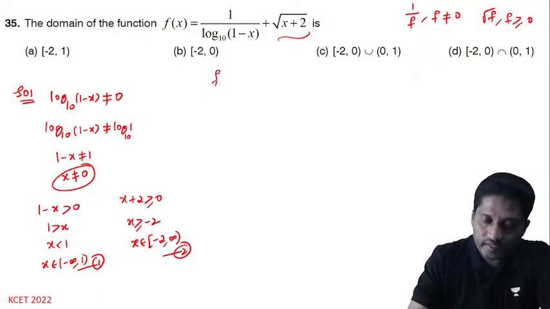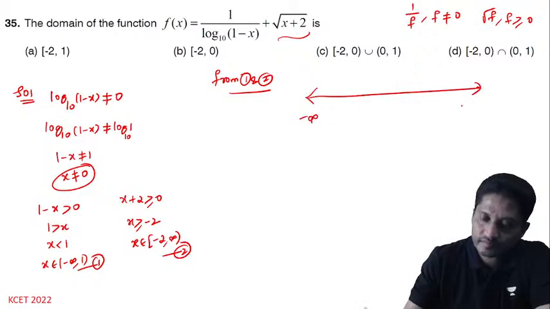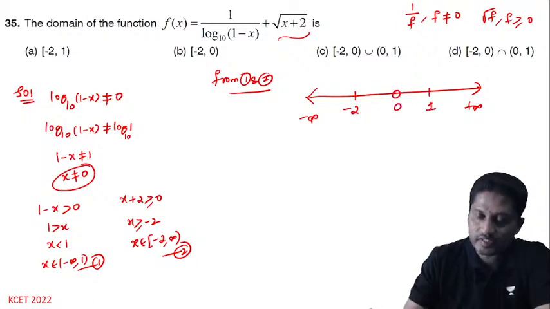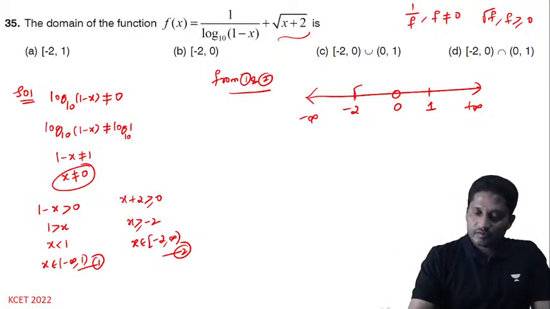Now from conditions 1 and 2, on the number line from minus infinity to plus infinity, fix the roots in increasing order. First you get minus 2, then in between 0, and then 1. It cannot be 0, that's why I kept an open circle. Minus 2 to infinity, closed at minus 2, is this part.